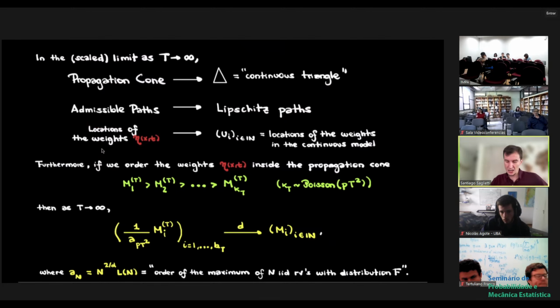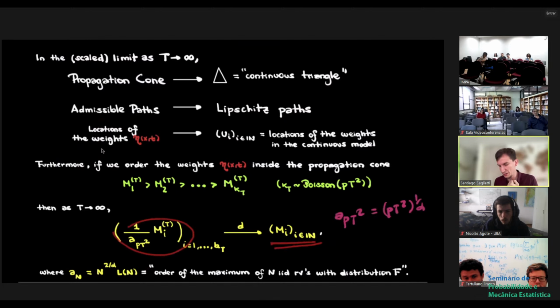And moreover, if we order the weights in the discrete problem from largest to smallest, what we see is that if we scale these weights, the block heights, by this parameter right here, which essentially behaves like (pt squared) to the 1 over alpha, which is the scaling from the main theorem, then you get convergence in distribution to the weights in the continuous model.